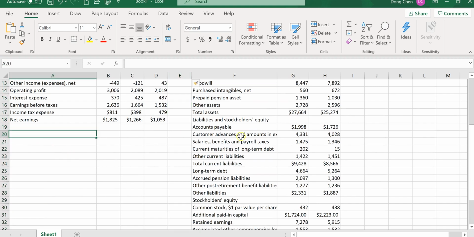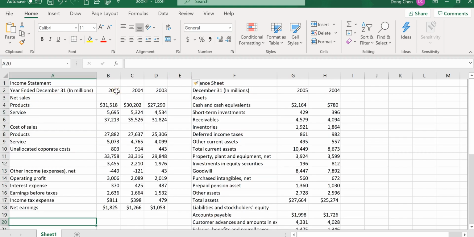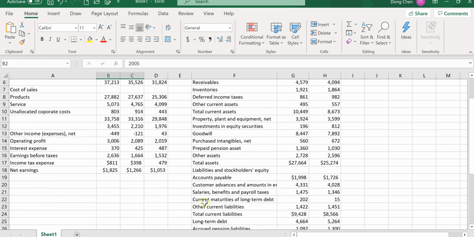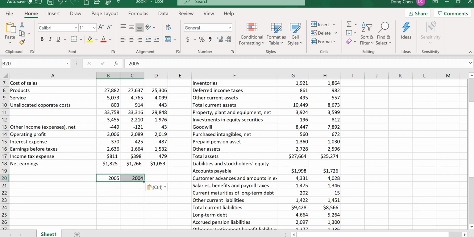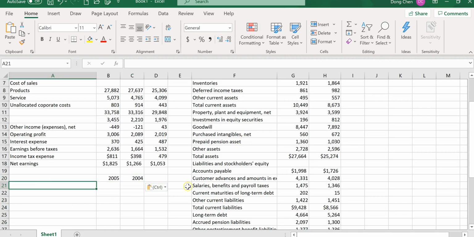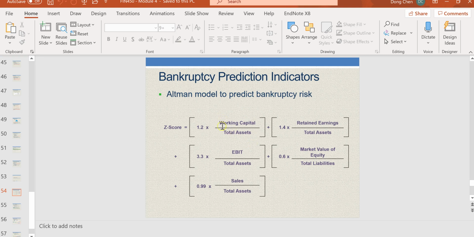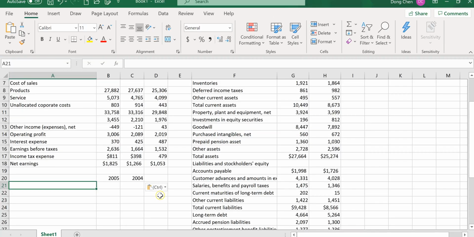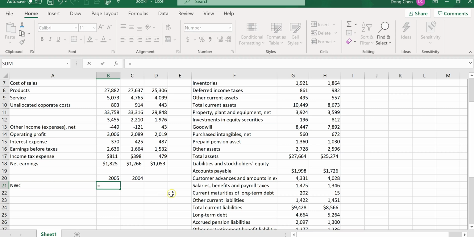And then, well, we just need to calculate 2 years of data for the components of the score. We start from the first ratio, and we start from the numerator, working capital. Working capital is also net working capital. Net working capital is defined to be current assets minus current liabilities.